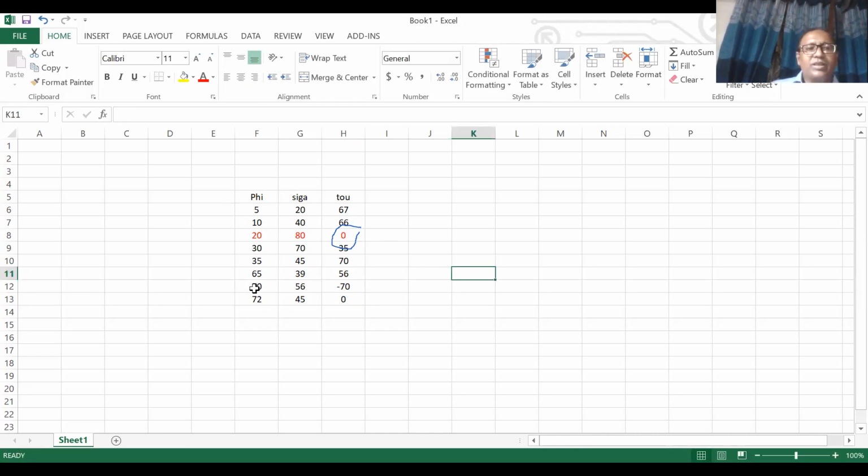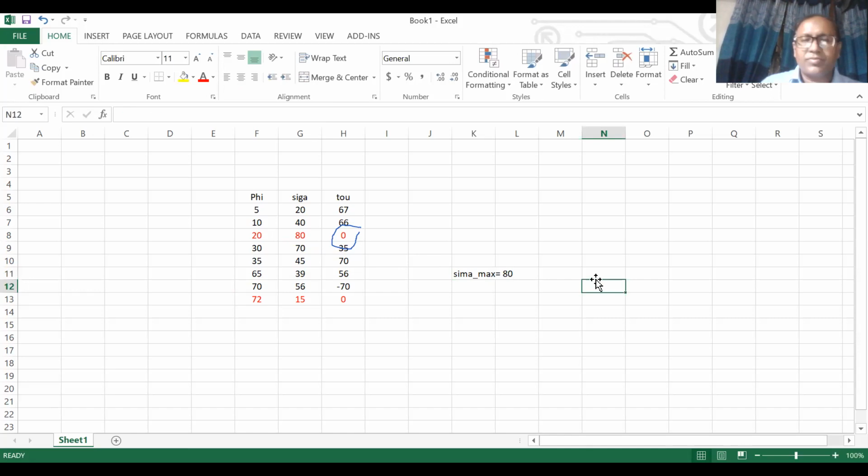So now, if we look at this table carefully, what do you see? You see for angle phi of 20, you're getting sigma maximum. So sigma max equal to, you are getting 80.